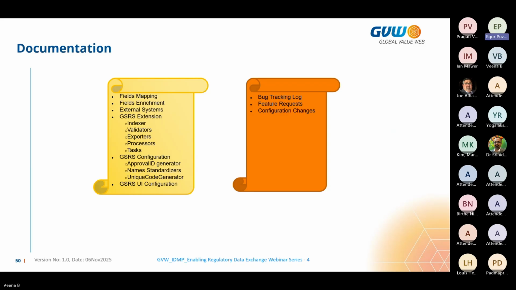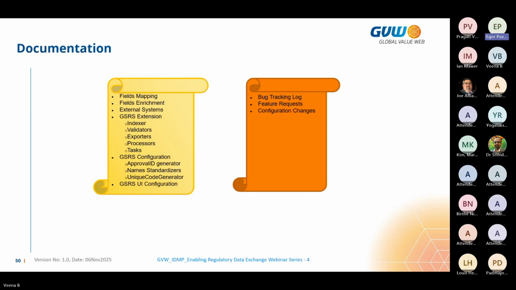So now we are ready to create our documentation. On the left side, it's our main document. We are making field mapping documentation, fields enrichment, external system requirements, and then the GSRS extensions we want to use, and then two configuration files: the GSRS main configuration file and the GSRS UI configuration file.